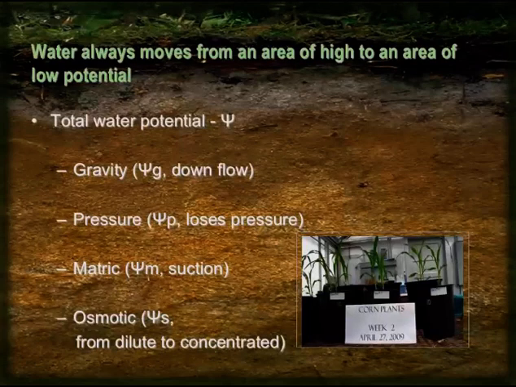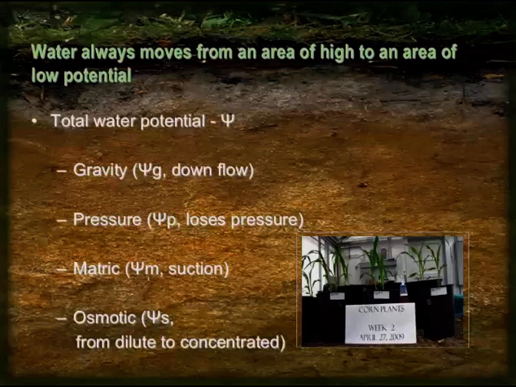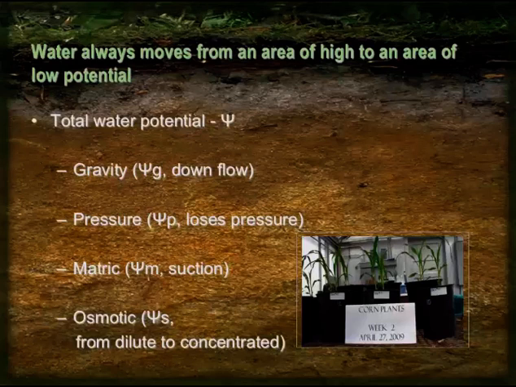Okay, so gravity, again, this is the flow downward. This is the movement of water because of gravity. Pressure potential, you kind of think of this in terms of plant and soil differential. You can think of it as the difference between the pressure in the atmosphere and in the soil as well.